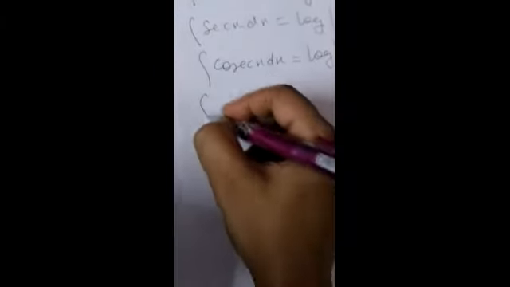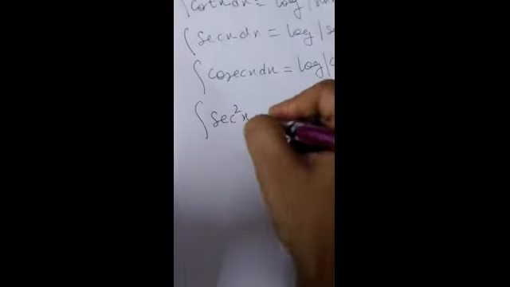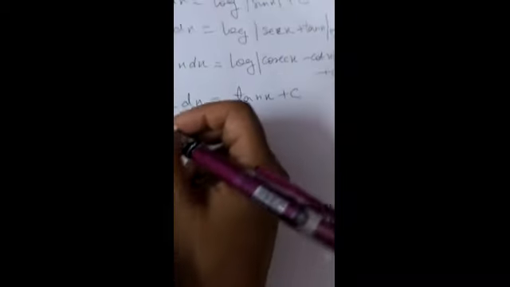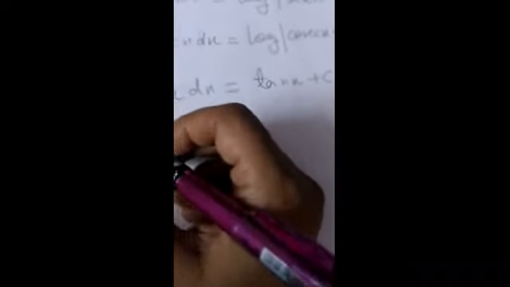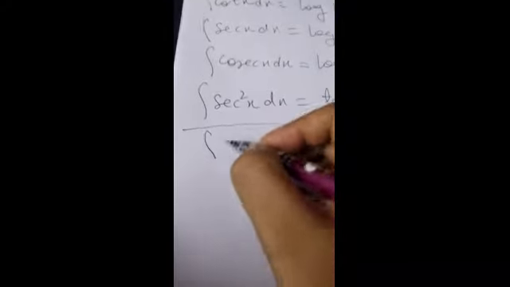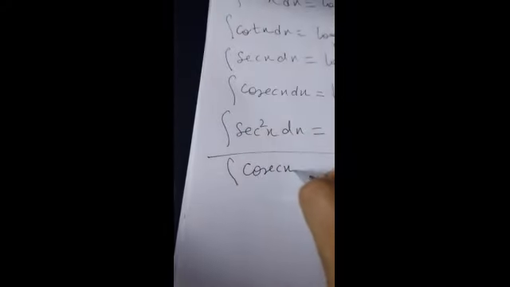The next is integration of secant square x dx. The result will be tan x plus c. So these are the integration of cosecant x cot x dx.